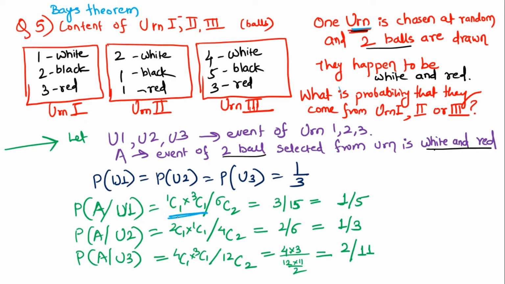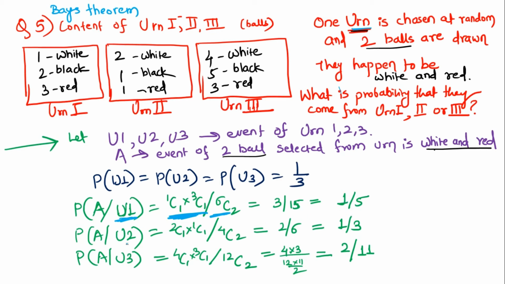This is the favorable event divided by the general case where you are just taking out two balls. In the sample space you don't know what color the balls are, you are just taking out two balls from this urn. So the possible ways to select two balls from this urn, with a total of 6 balls, is 6C2. So the probability of taking out two balls from the first urn where one ball is white and the other is red will be this, and when we calculate it we get the value 1 by 5.